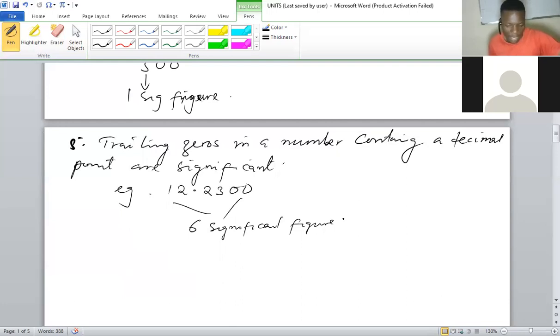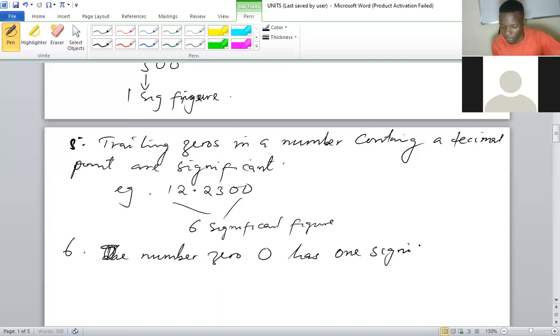Okay, so that is number 5, and point 6 that we have to consider here is that zero itself, the number 0 itself, has a significance of 1.